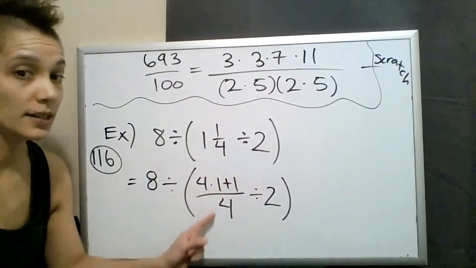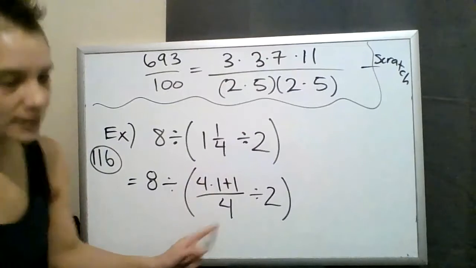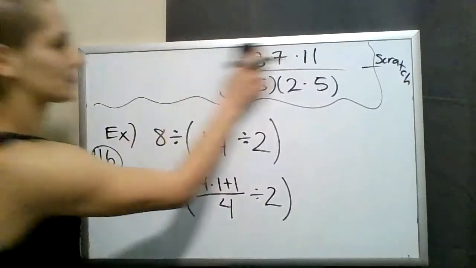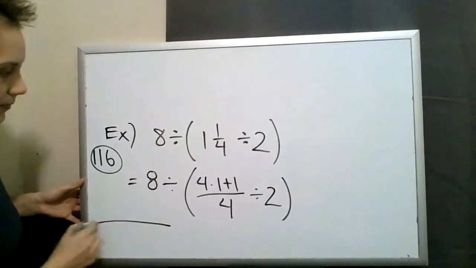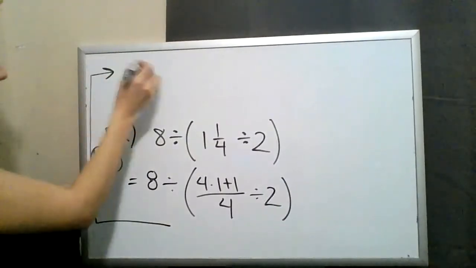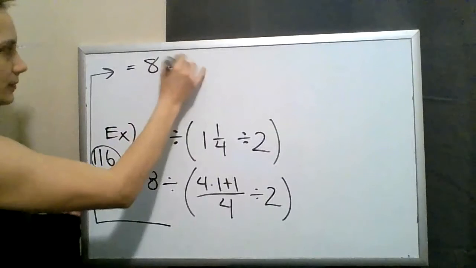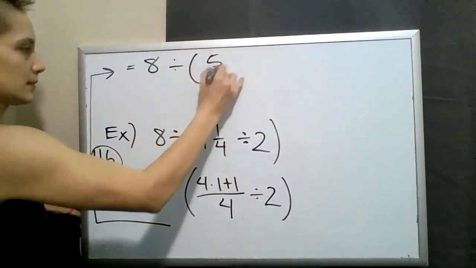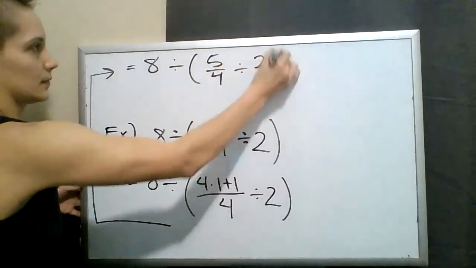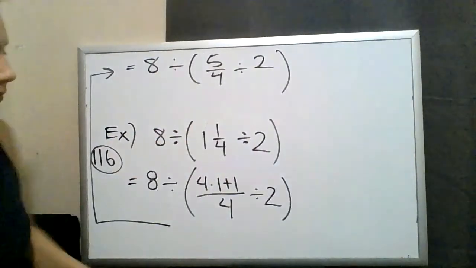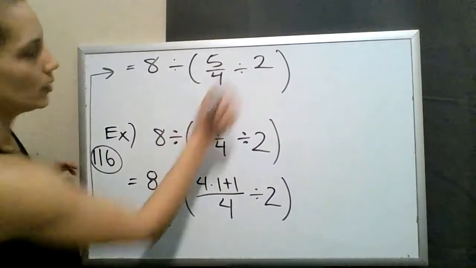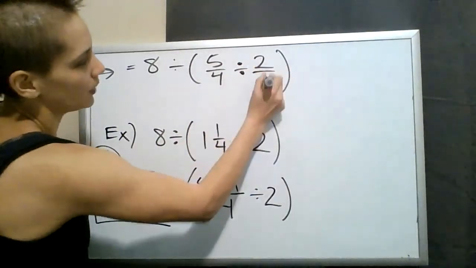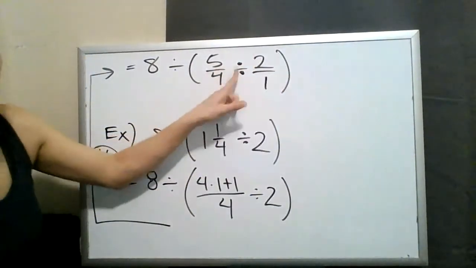So here we have 5/4. Instead of dividing by 2, I will put 2 over 1, and then I can multiply by 1/2.